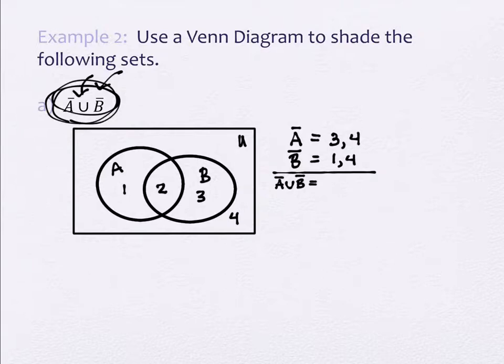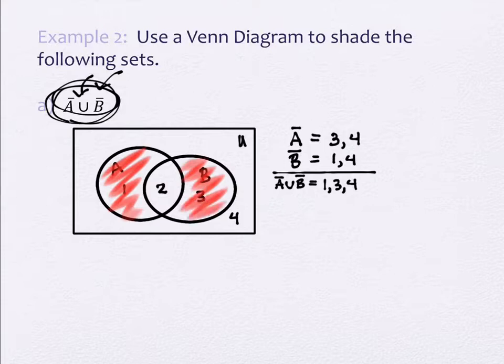So what numbers am I going to write down? 1, 3, and 4. And do I need to list 4 twice? No, there's no reason for that. This actually gives me the regions that I'm now going to go back and shade. So if I come back to my diagram, I'm going to shade region 1, region 3, and region 4.